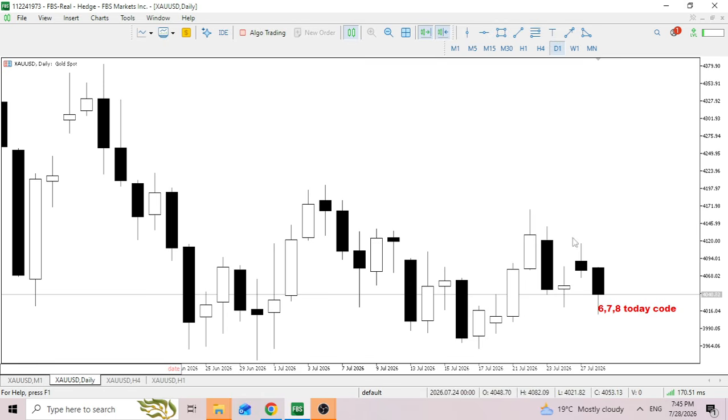Now if I ask you the percentage change of yesterday's candle, what would you say? The percentage change of yesterday's price action. I want you to take this number.